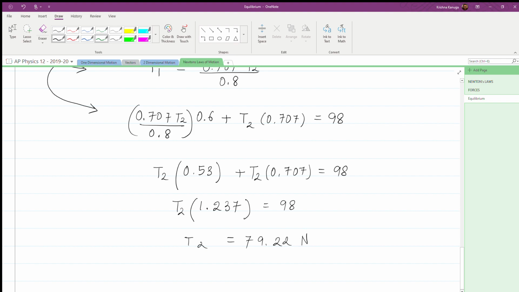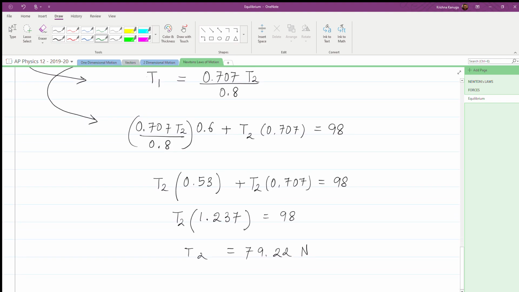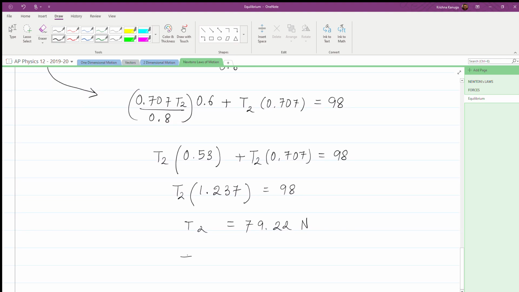79.22 newtons. Once we have T2, we can use the equation above for T1, and we can write T1 as 0.707 times 79.22 divided by 0.8, which becomes about 70 newtons.